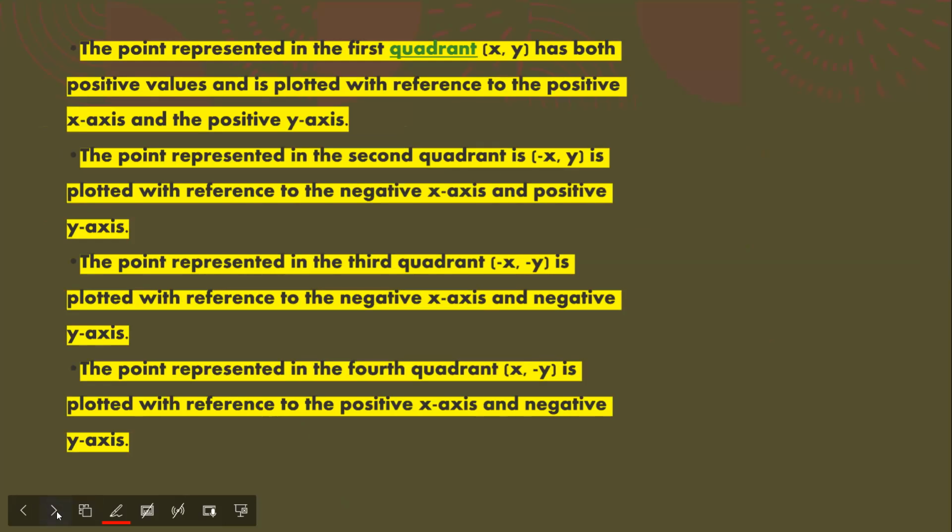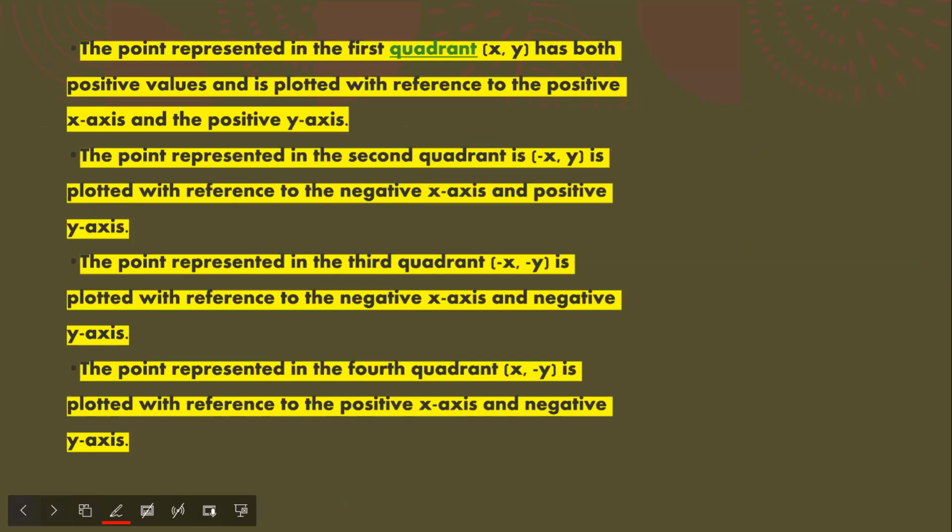The point represented in the first quadrant, x, y, has both positive values and is plotted with reference to the positive x-axis and positive y-axis. The point represented in the second quadrant, minus x, y, is plotted with reference to the negative x-axis and positive y-axis.